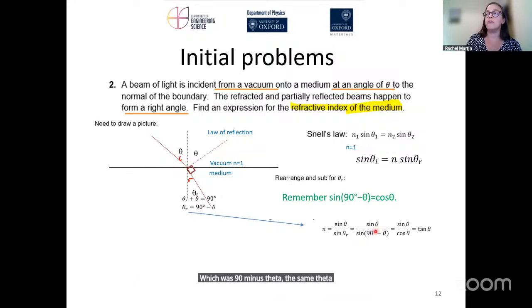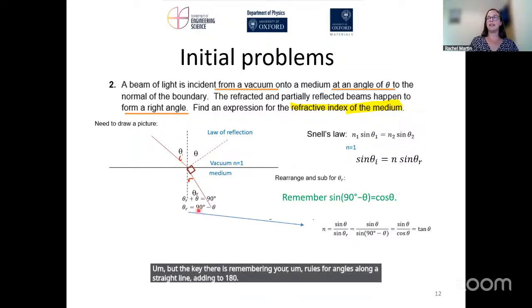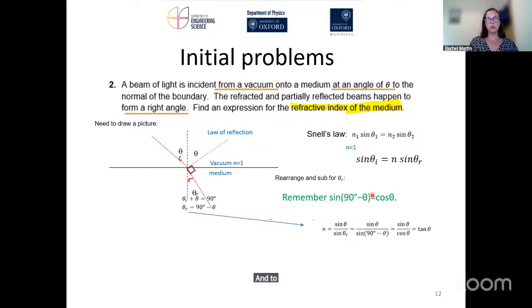The rule for cosine theta gets substituted, and then it's as simple as n equals tan theta. So well done. Lots of people have probably practiced that derivation before. But the key there is remembering your rules for angles along a straight line, adding to 180, and to remember to use your trig identities and rules as often as you can.